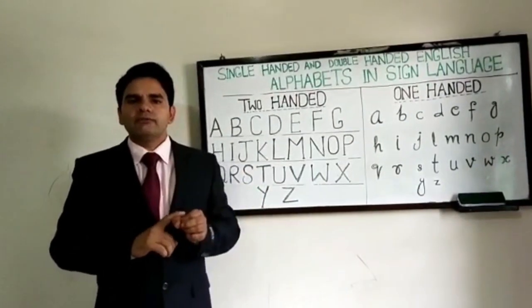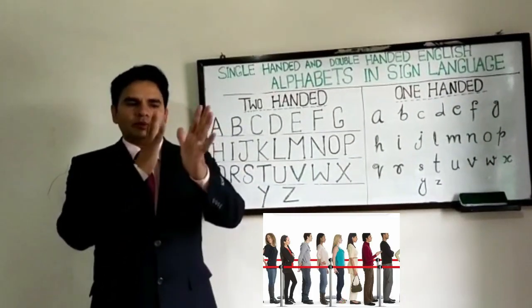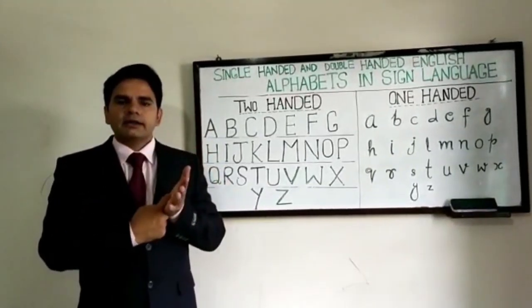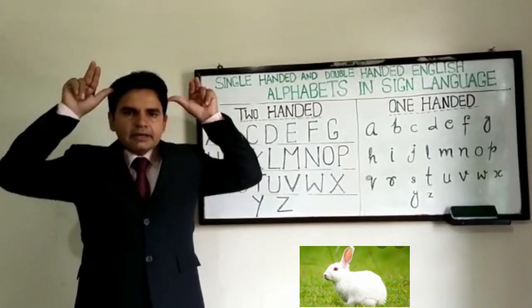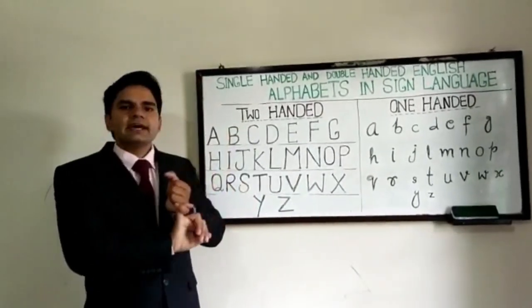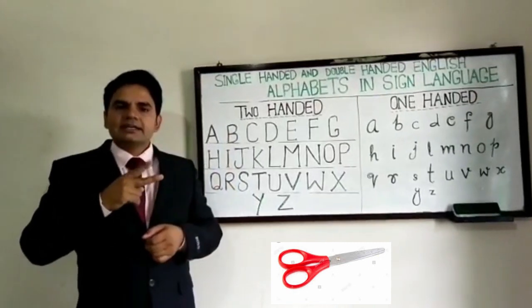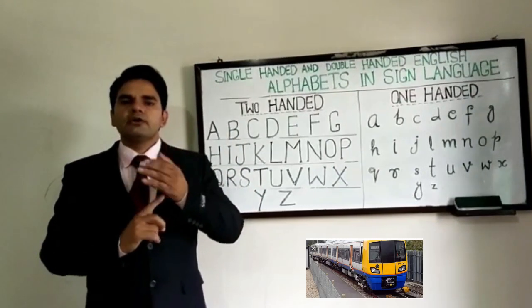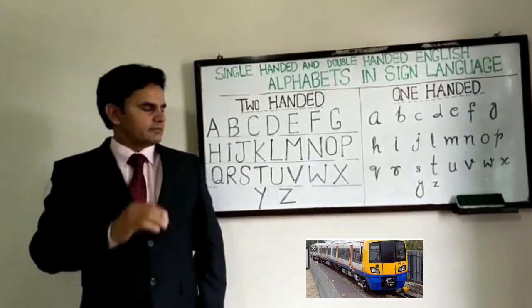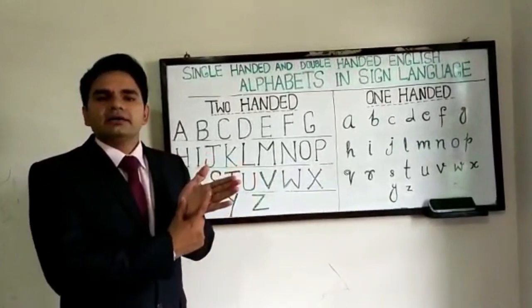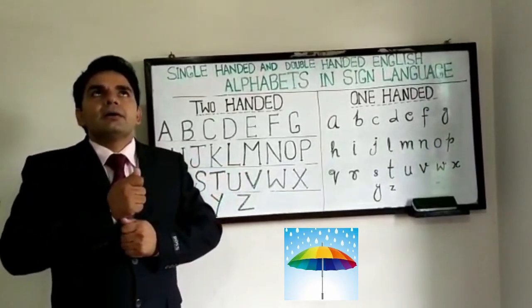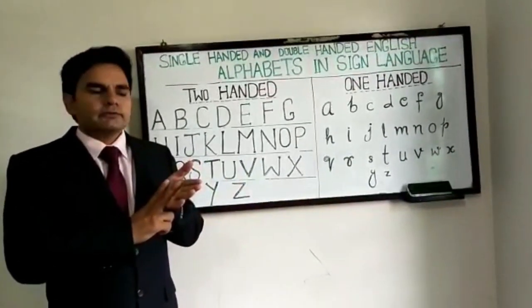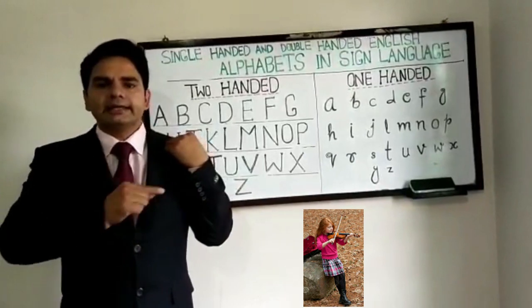Q for Q. R for rabbit. S for scissor. T for train. U for umbrella. V for violin.